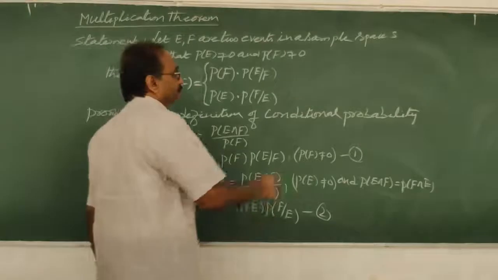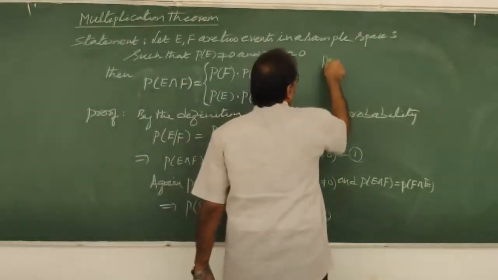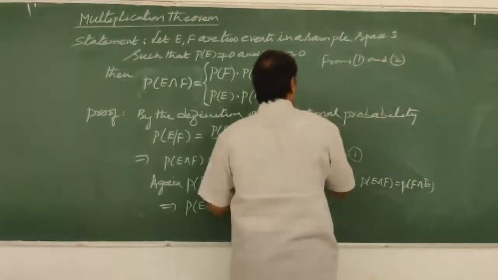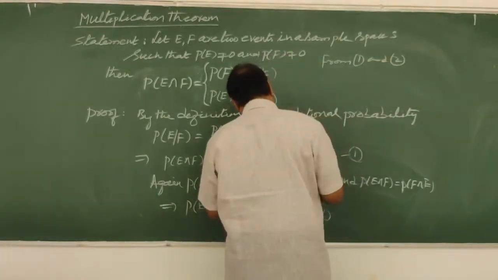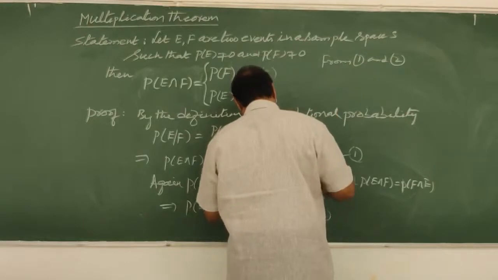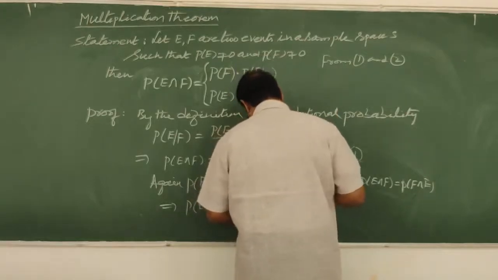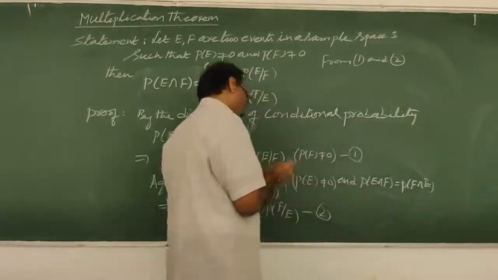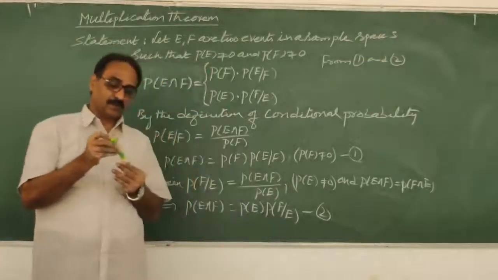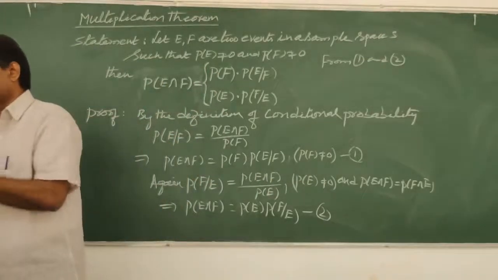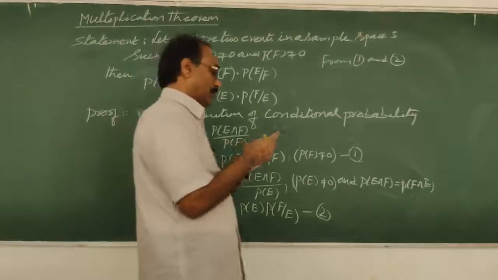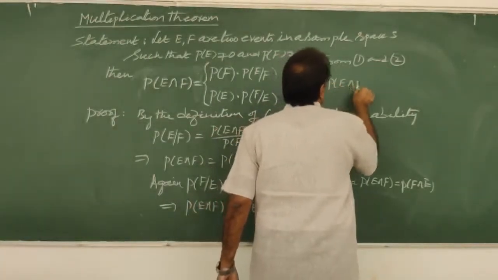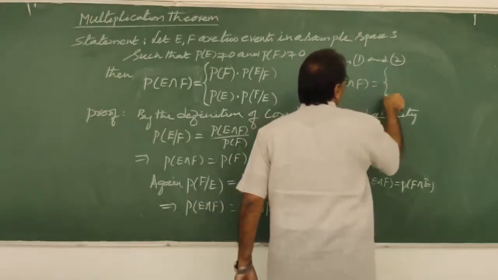Now write the conclusion from 1 and 2. From 1 and 2, P of E intersection F is equal to, what is 1?